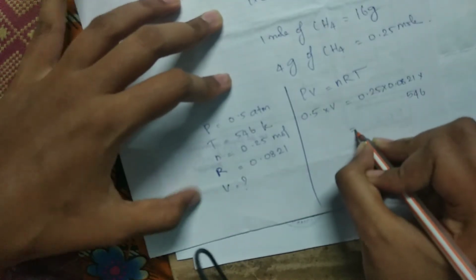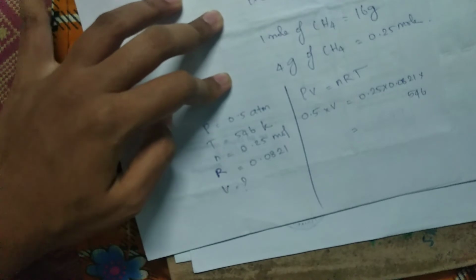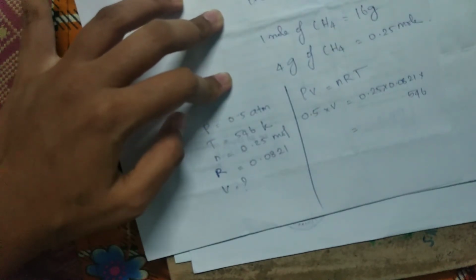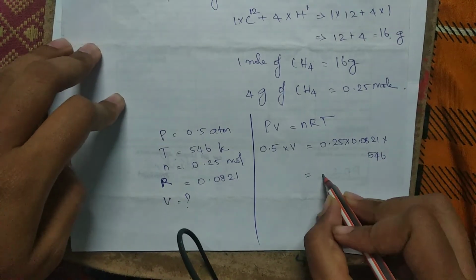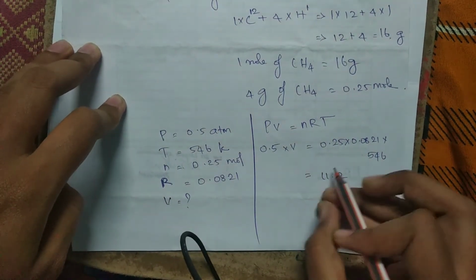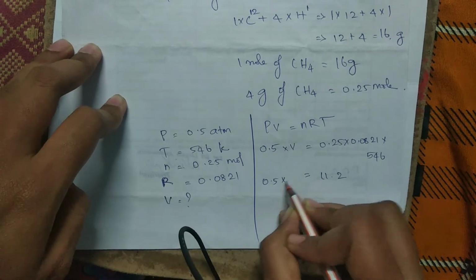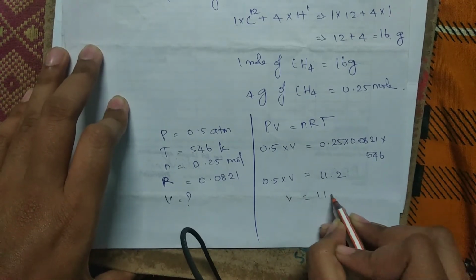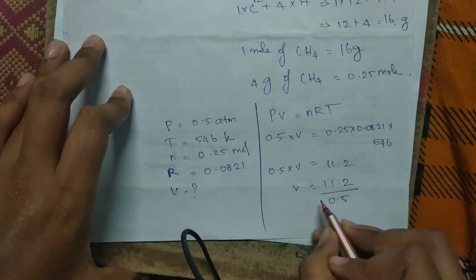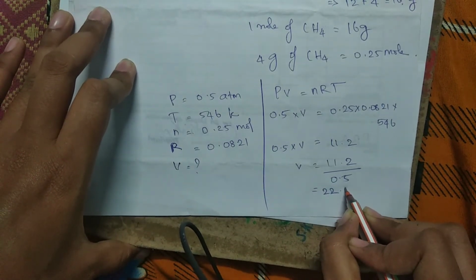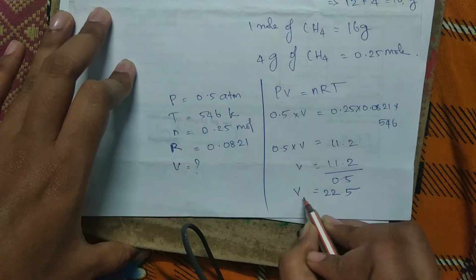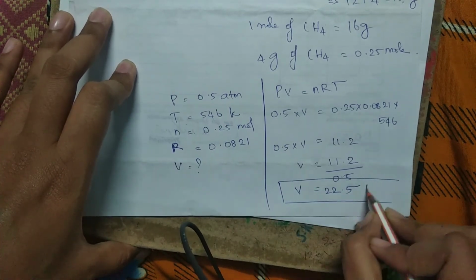So if we multiply all these things, we will get an answer of 11.2. Okay, 0.5 into V is 11.2, so V is equal to 11.2 divided by 0.5. That will be equal to 22.5. So the volume is 22.5 liters.